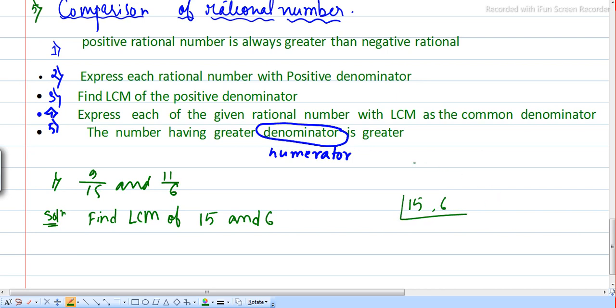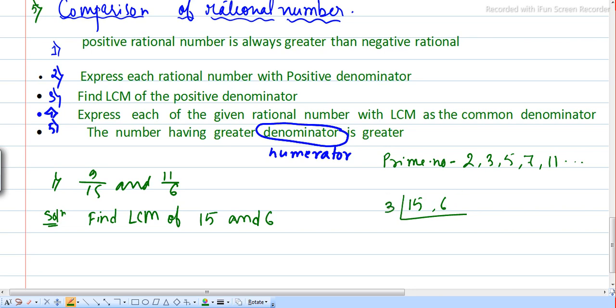Prime numbers are 2, 3, 5, 7, 11 and so on. We will see which number is a divisor of both numbers. You see 3 is a divisor of both because both numbers exist in the table of 3.